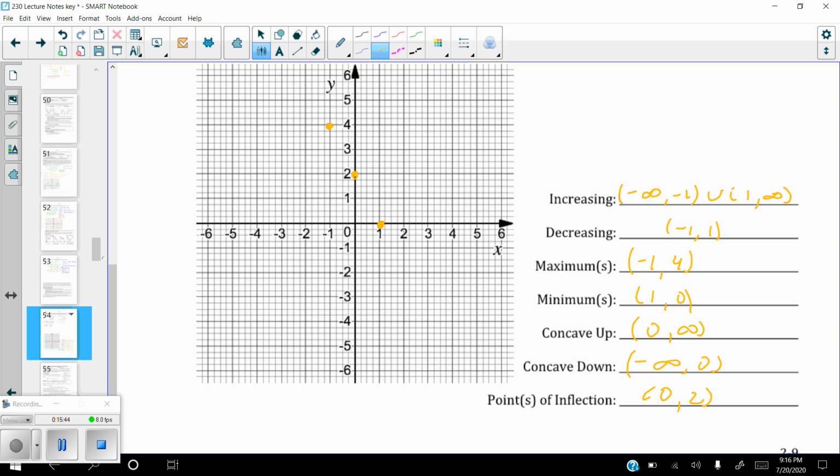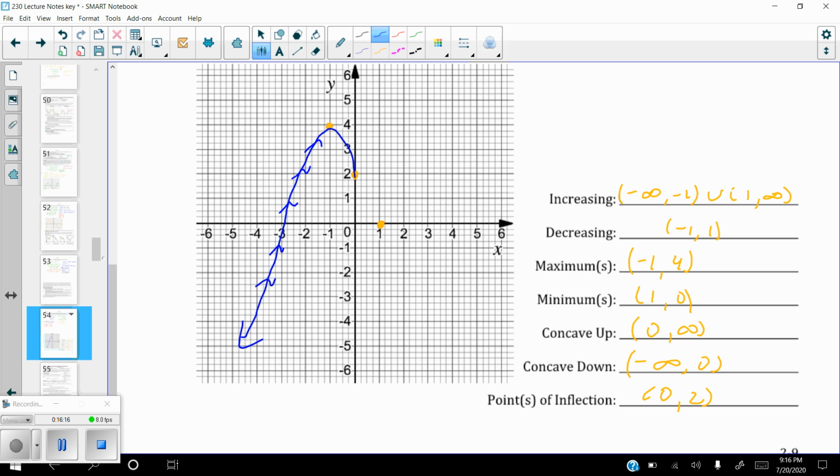I know that the function is increasing from negative infinity to negative 1, and then it's decreasing from negative 1 to 1. But it's also going to be concave down from negative infinity to 0. Well, that makes sense. So it's going to be a function which looks something like this. You can see that that is increasing right here up until I get to the point negative 1.